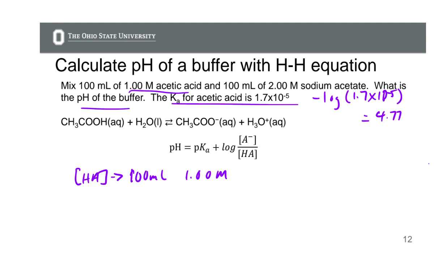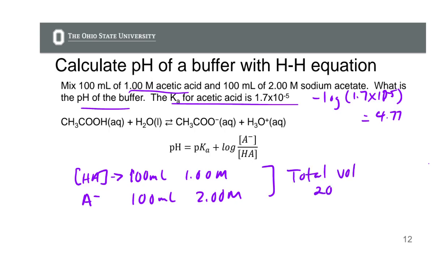We're combining that with 100 milliliters of 2 molar sodium acetate. 2 moles per liter sodium acetate. So we have a total volume of 200 milliliters. Okay. With these buffer problems, pay attention to this total volume. Sometimes we'll give you the total volume. Sometimes we'll need to add it up. So just kind of watch that.